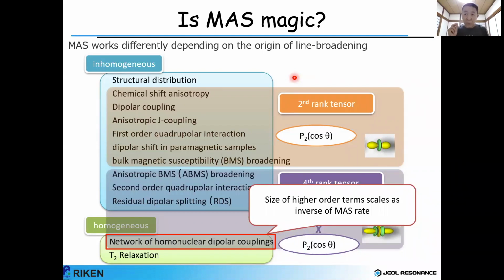The effect of dipolar coupling is removed to first order under magic angle sample spinning. However, because of this homogeneous nature, the line shape is broadened by the higher-order terms. The size of the higher-order term scales as the inverse of the MAS rate. That means if we spin faster, we can reduce the line width. So that's why we need very fast MAS for a network of homonuclear dipolar coupling.